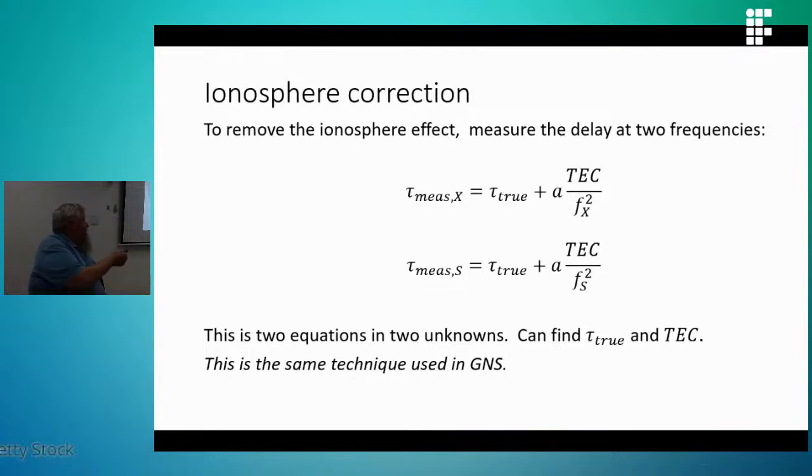We have these 2 measured quantities, we have this delay that we want to find, and we also have the TEC, the total electron content. So we can use this to find T true and the TEC. This is exactly the same technique that's used in GPS. In GPS, to calibrate the signal, they broadcast 2 signals, and they make a combination.